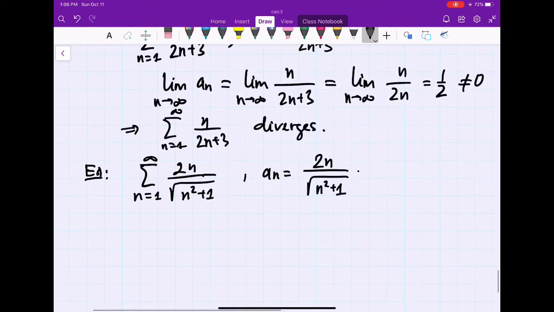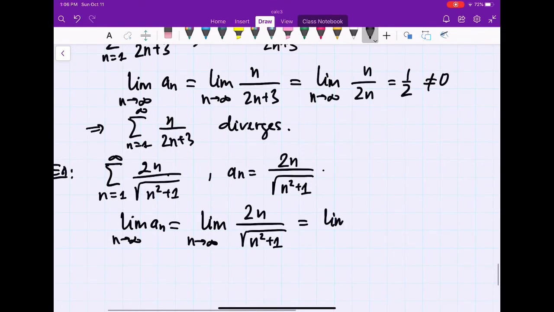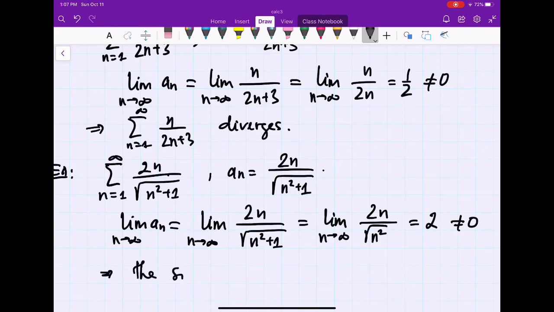Let's consider the limit of this an at infinity. We get the limit of 2n over the square root of n squared plus 1 as n approaches infinity. Again, we use similarity: we get 2n over the square root of n squared, and you get 2. Again, that is not 0. So the series diverges.